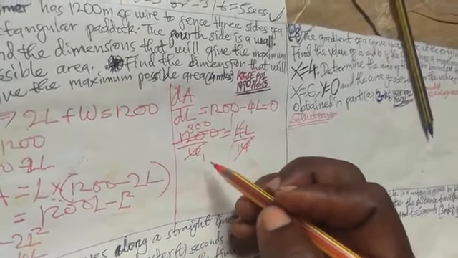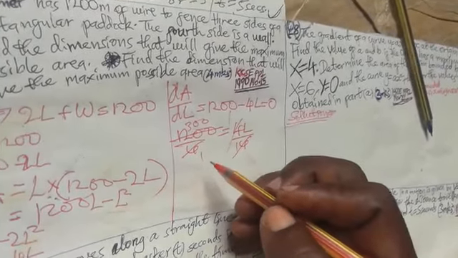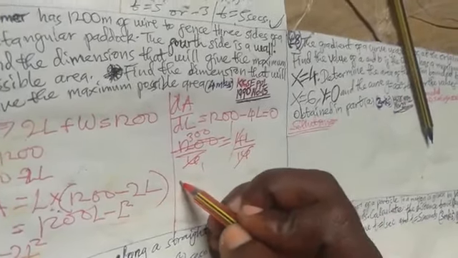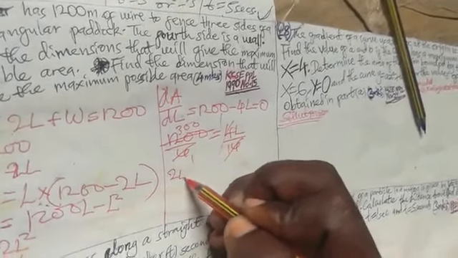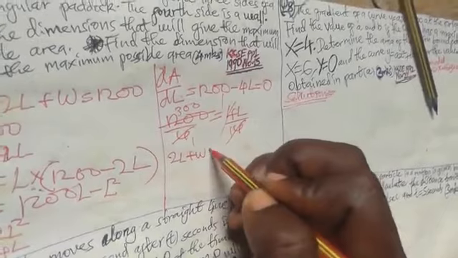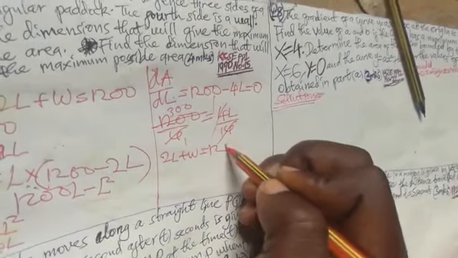Substitute L into 2L plus W is equal to 1200.